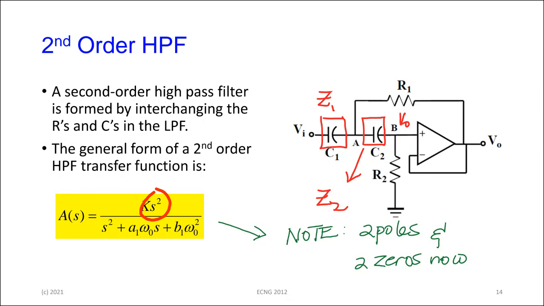So we have two poles and we have two zeros. The general form of the high pass filter transfer function now looks like this: some gain factor, S squared, which is the zeros part, over S squared plus some coefficient A1 omega 0 S plus B1 omega 0 squared, where omega 0 is, of course, the cutoff frequency for the particular filter.